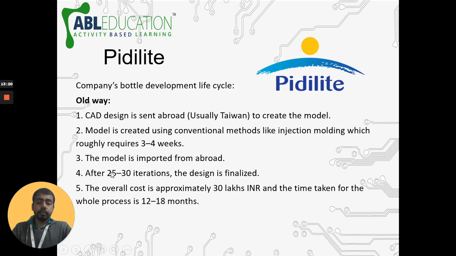It took 25 to 30 iterations. If for one model they take 3 to 4 weeks, 25 to 30 iterations means 30 times 4 weeks. So you can see the overall cost and time of the process is very high for the conventional method, but 3D printing makes it easier, faster, and more customizable.